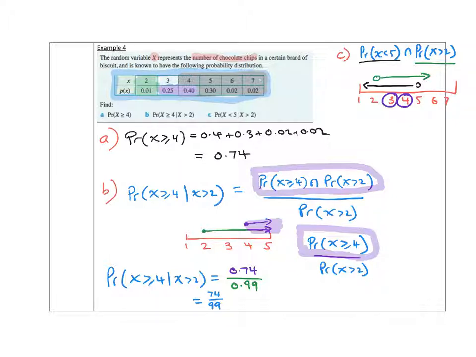Well, the probability that x is less than 5 given x is greater than 2 is equal to 0.65, so that's both of them together, divided by the probability that x is greater than 2, the second instance. And we know that that's 0.99. Again, we can simplify this to 65 over 99. Those numbers are relatively prime too.